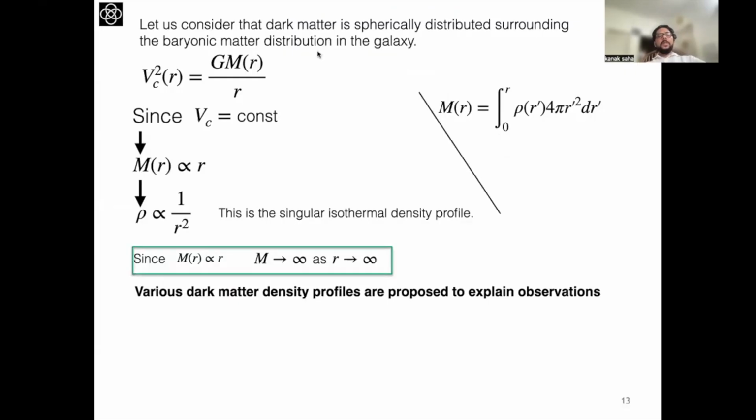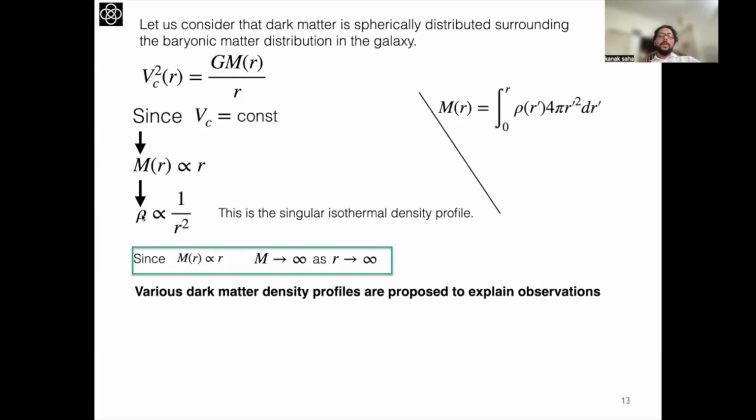Now, if you consider that the dark matter is spherically distributed around the baryonic matter distribution in the galaxy, then we can say the circular velocity is basically v_c = sqrt(GM/r). Since v_c, the circular velocity, is constant, then M(r) must be proportional to r to keep v_c constant, right?